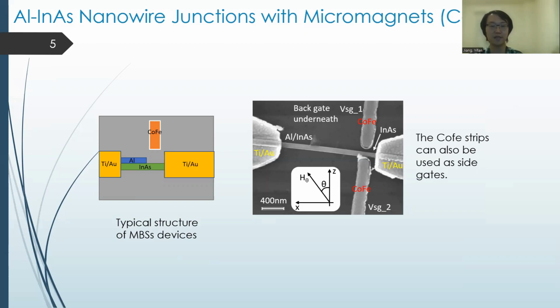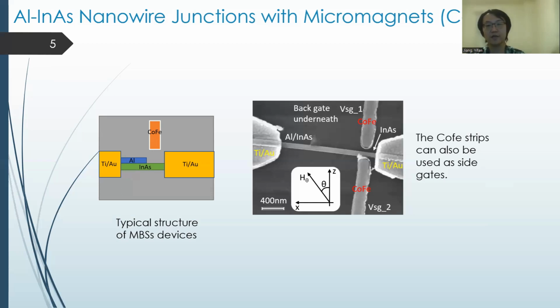I placed the indium arsenide nanowire on a backgate chip, and this nanowire has a layer of aluminum. I etched a portion of the aluminum layer off the nanowire, and by deposition of titanium and gold, we have an SN junction. Again I deposited the cobalt iron strips close to the junction to provide the local magnetic field penetrating the nanowire.